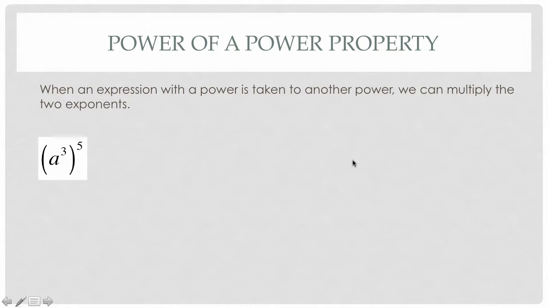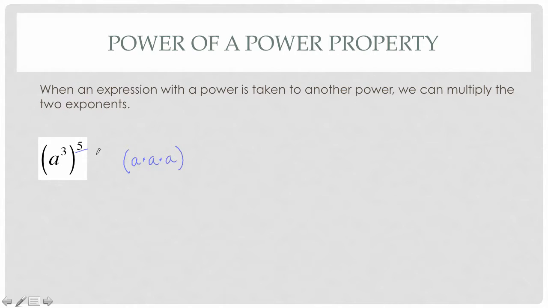Finally, there's a power of a power property. This one, I'm going to change colors, got sick of red there for a little bit. Let's turn to blue. This one says I have a to the 3rd all to the 5th power. Let's write that out in expanded form. So we have a to the 3rd, which is a times a times a.